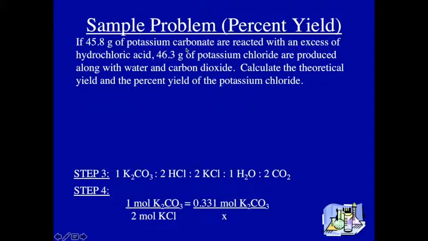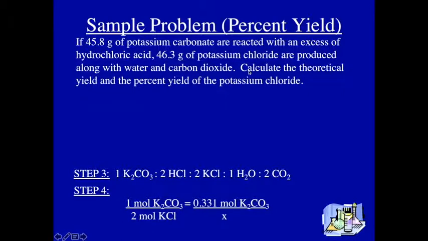By now you should be able to say what potassium carbonate is without having to worry about charges or what carbonate is or what the symbol for potassium is. By now we should be familiar with those things. But 45.8 grams of potassium carbonate are reacted with an excess of hydrochloric acid, which means we have more hydrochloric acid than we possibly need. And we produce 46.3 grams of potassium chloride, along with water and carbon dioxide.